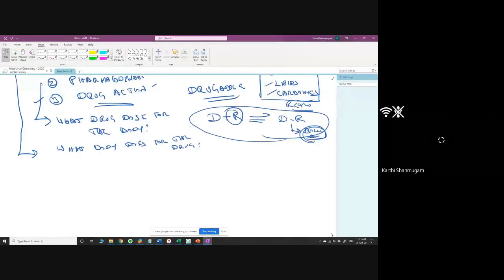We'll discuss how the various routes of administration affect absorption, distribution, metabolism, and excretion, and we'll see that in a very detailed manner. You'll also study the various factors which affect absorption, distribution, metabolism, and excretion, and the need for pharmacokinetic studies, and how this study helps drug discovery. That is the entire story of the second unit. That's exactly what we'll be studying in unit 2.